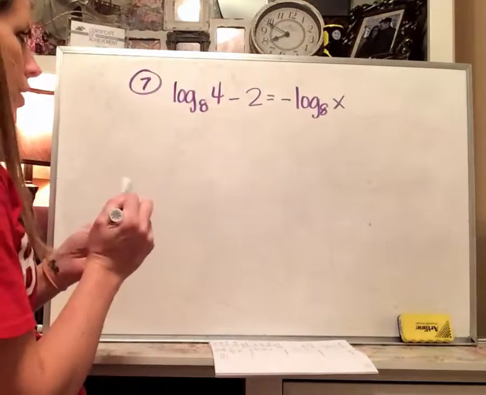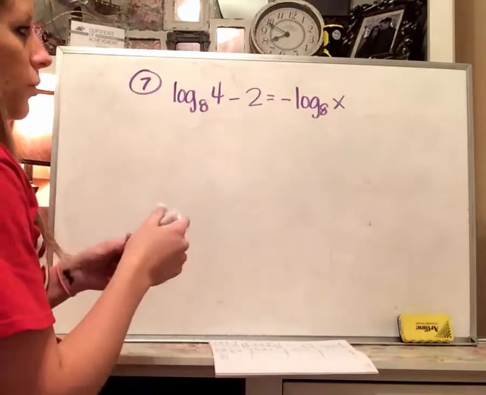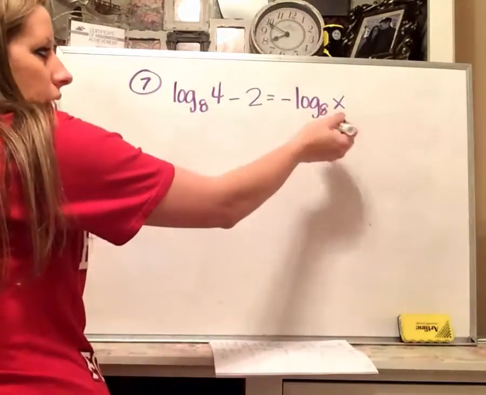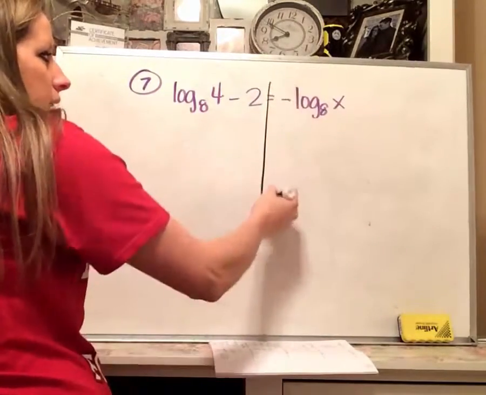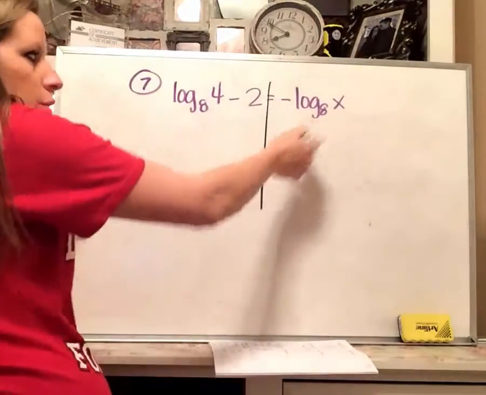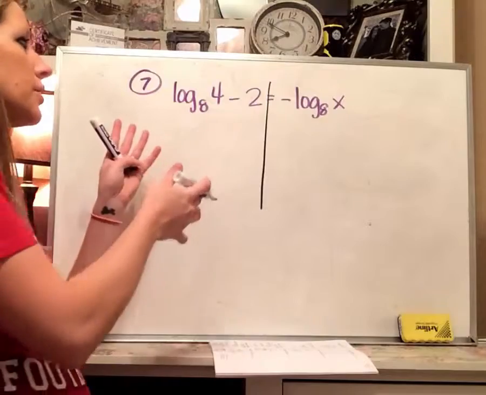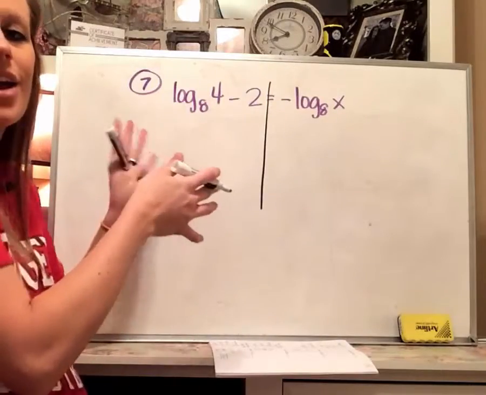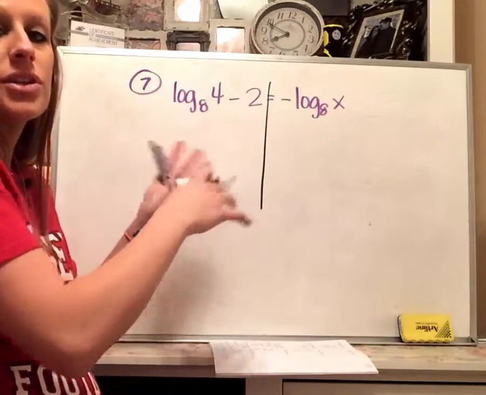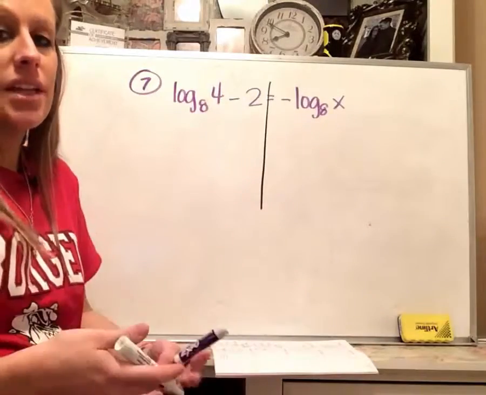So on the right side, we have negative log base 8 of x. It doesn't matter if you move it to the left or to the right, as long as they're together.